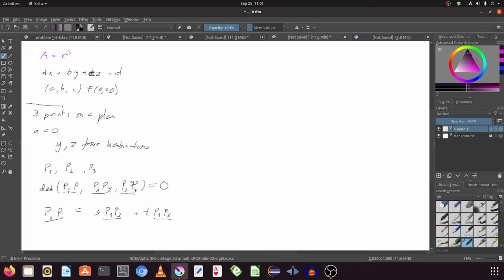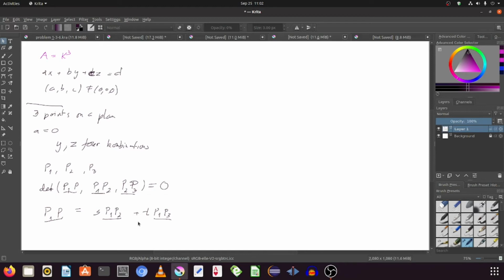We have to show they are equivalent, meaning that every point given by this parameter representation solves this equation, and any point solving this equation is given by some parameters s and t.